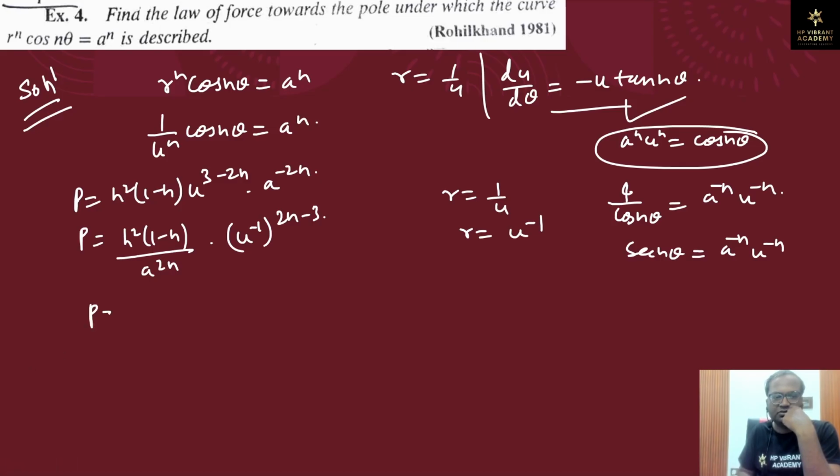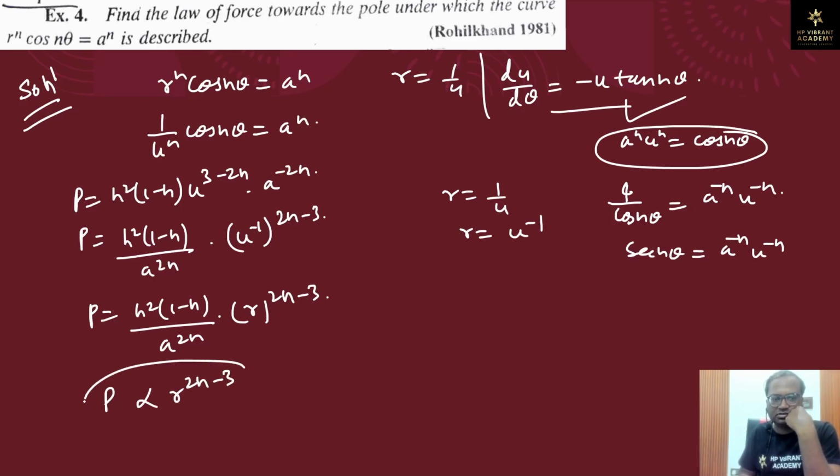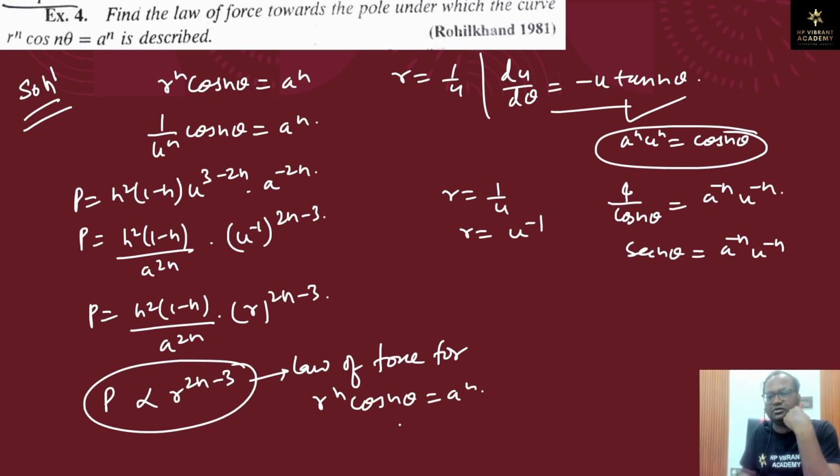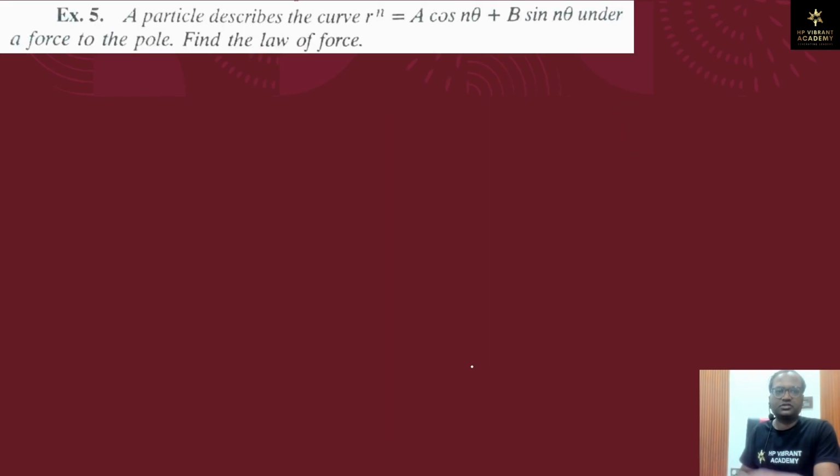So we have p is equal to h square 1 minus n upon a to the power 2n into r to the power 2n minus 3. So we have the law of force as p is proportional to r to the power 2n minus 3. This is the law of force for r to the power n cos n theta is equal to a to the power n.